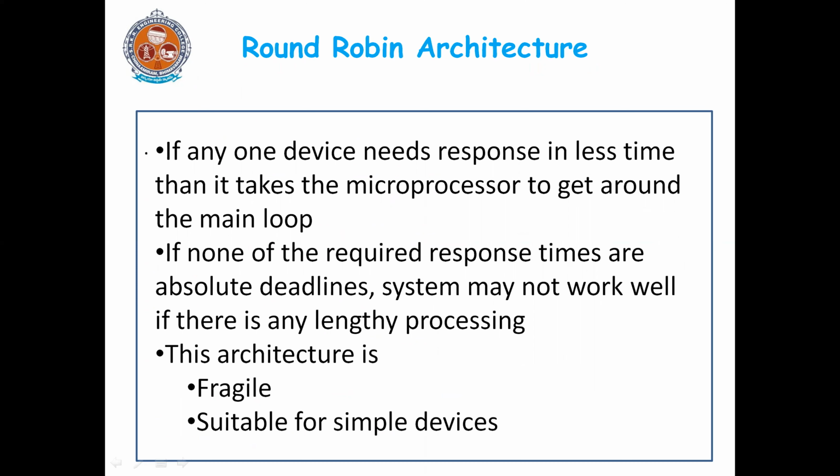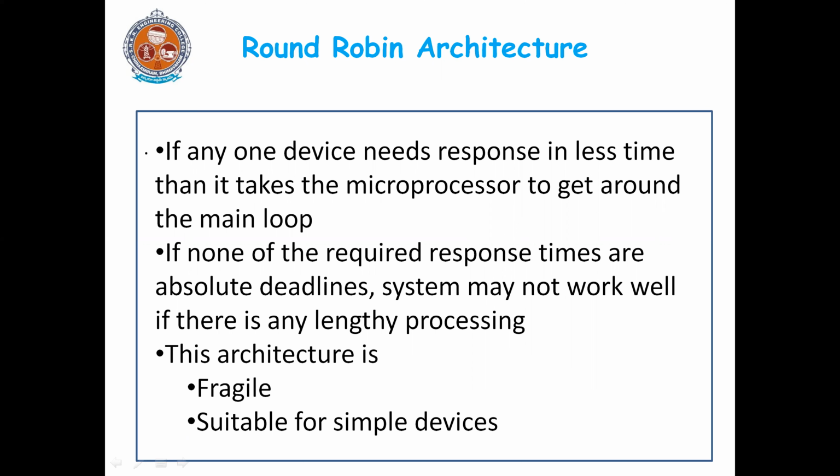if none of the required response times are absolute deadlines, the system may not work well if there is any lengthy processing. Whatever response time is given, that itself is the absolute deadline. Then it may not work well when one particular task is so lengthy that it takes more time.